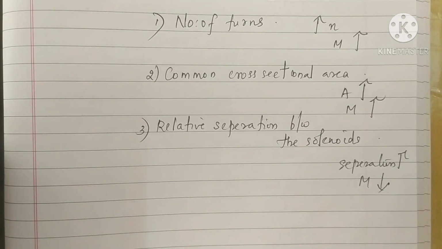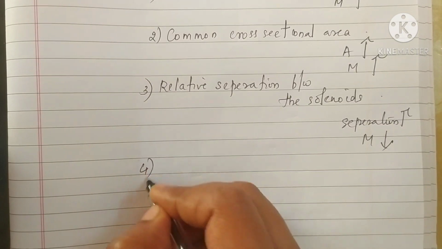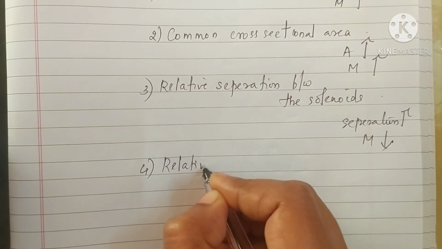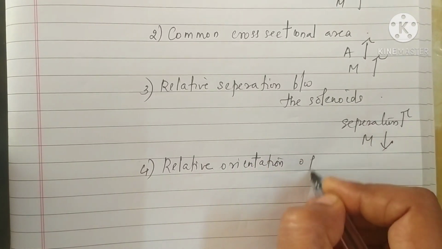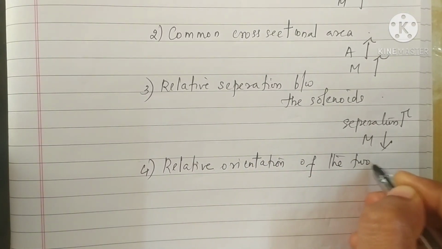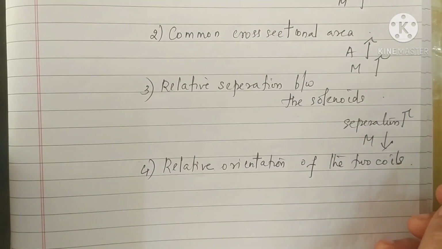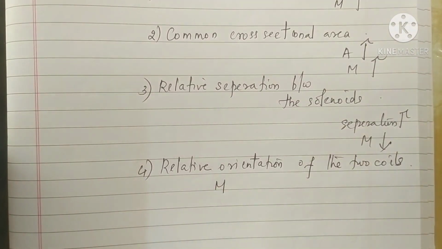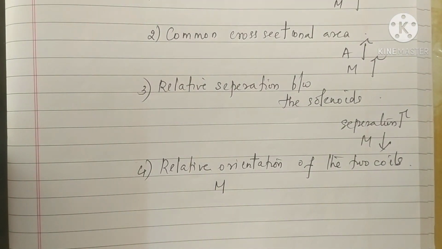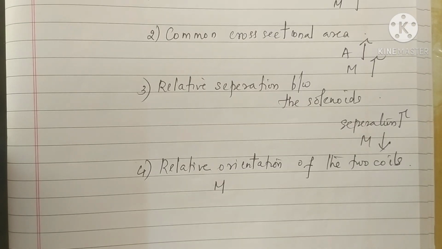Clear? And number 4 is relative orientation of the two coils. The mutual inductance M is considered to be maximum when the entire flux of the primary is linked with the secondary. That is, when the primary coil completely envelops the secondary coil, we get the maximum value for mutual inductance.